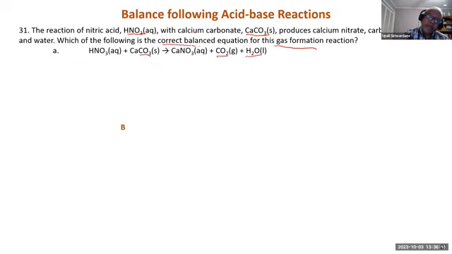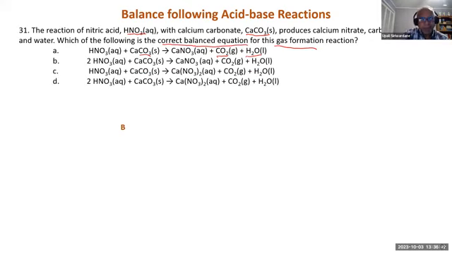The question asks whether the reaction is balanced. So you check whether the formula is correct and whether it is balanced. Calcium nitrate, the correct formula is this. This is correct here. These two are incorrect. Calcium is 2 plus and nitrate is 1 negative, therefore there should be 2 nitrates. Out of these two answers, this one is not balanced.